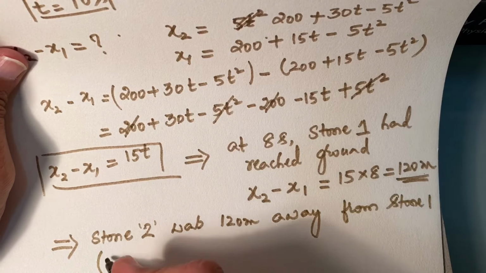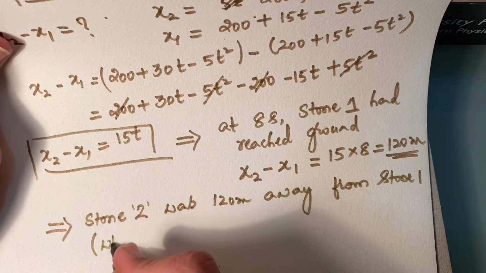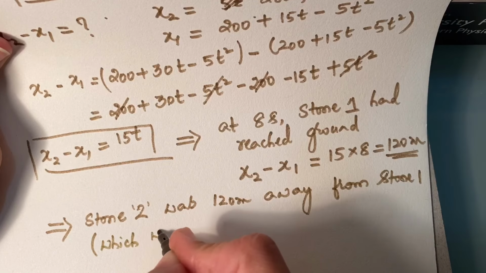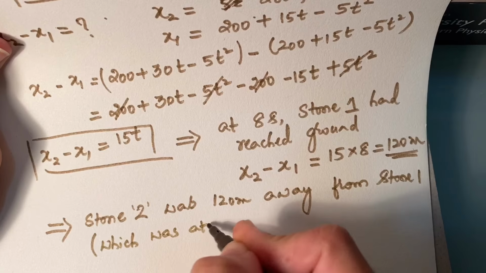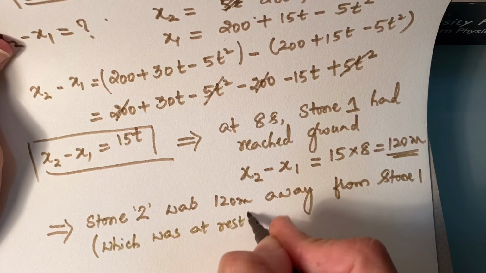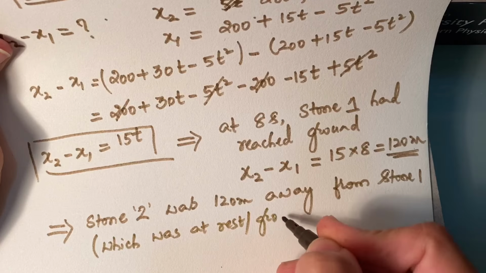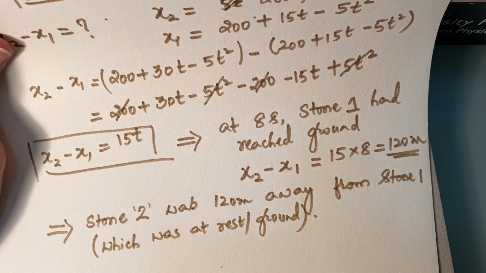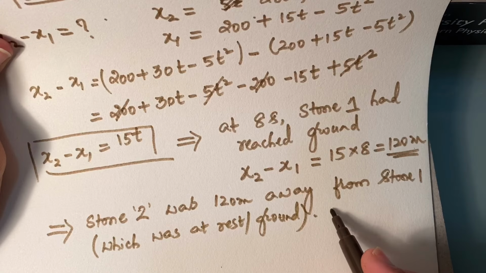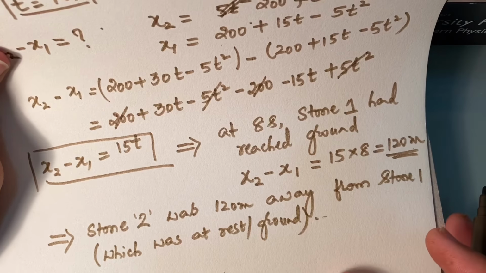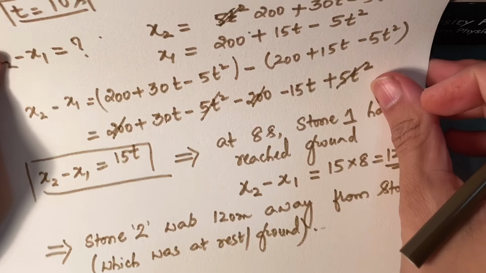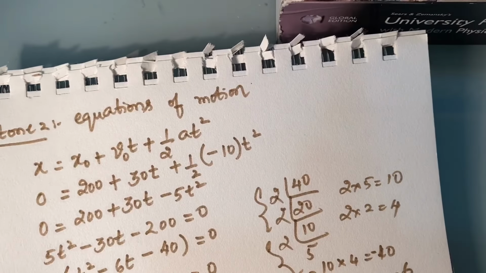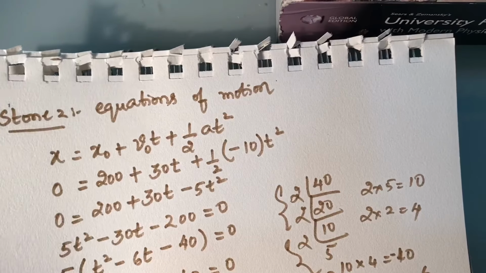Stone 1 was on the ground, at rest, or let's say on the ground. So that's what your graph claims, right? So this is what is given. So I'll just draw a picture so that you understand it much better.